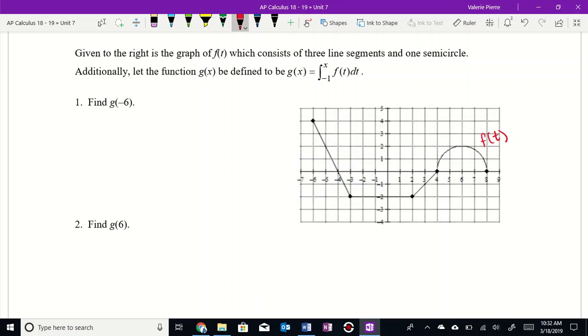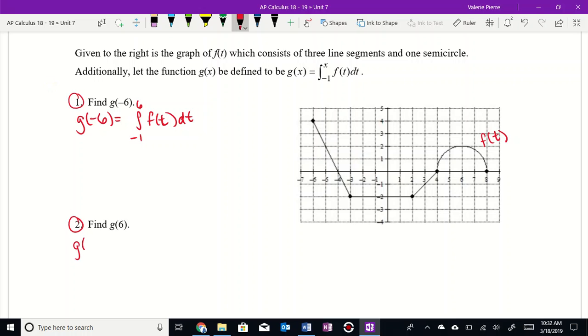We want to find g of -6 and g of 6. So I actually want you to do problems 1 and 2 on your own. I'll help you set them up. So g of -6 should be equal to the definite integral from -1 to -6 of f(t) dt, which is just the area between the curve and the x-axis.